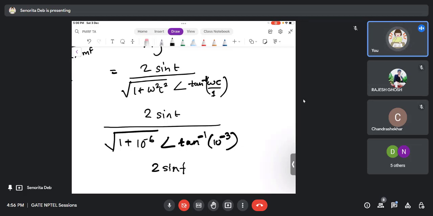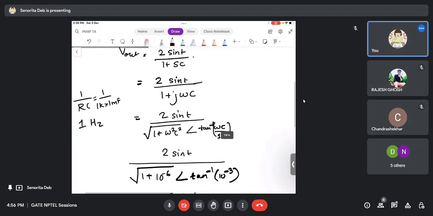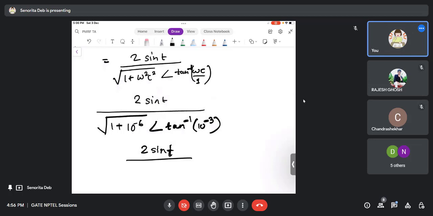Tan inverse of 10 to the power minus 3 degrees. It is showing me some other value, so I think it is near around 0. So this is t, and this will be a very small value. So this is nothing but 1 angle 0. So the answer is 2 sine t.